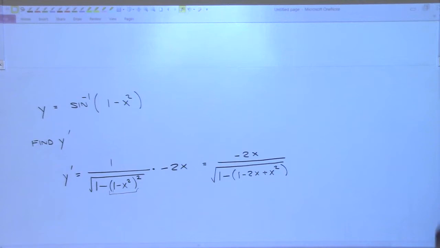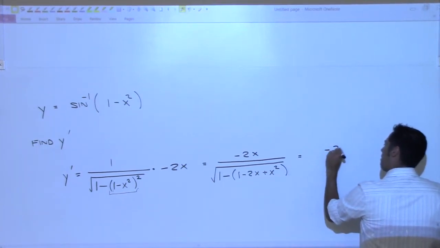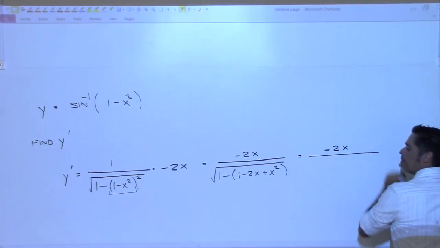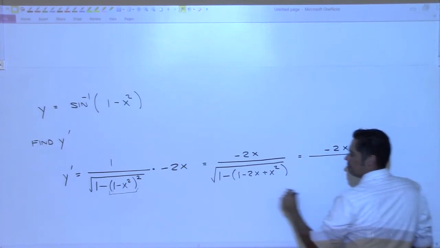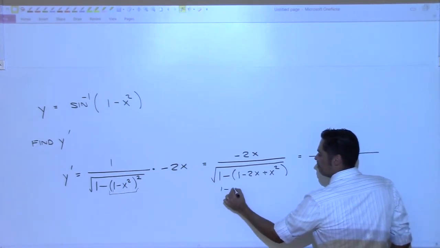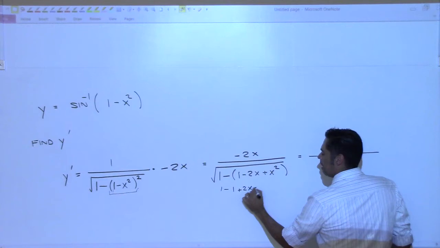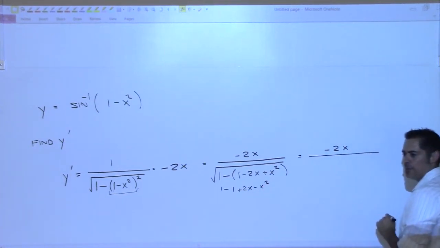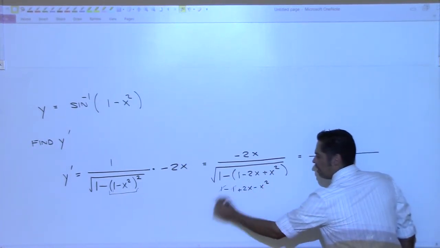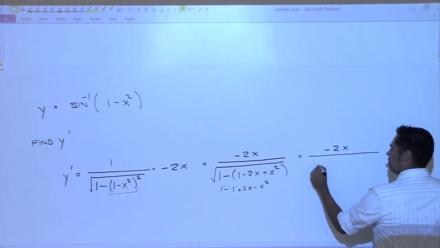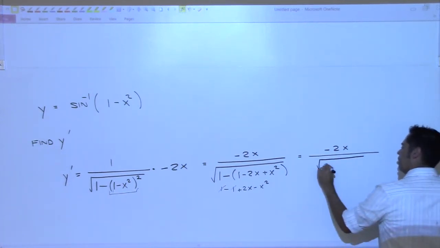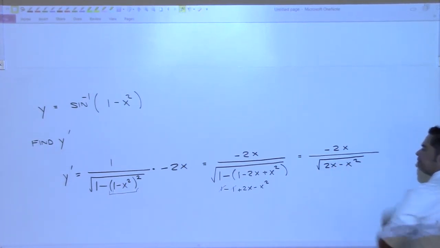Let's go ahead and distribute the minus sign through. It'll be 1 minus 1 plus 2x minus x squared. Then the ones will go away. So all I get on the bottom is square root of 2x minus x squared. Okay, that is the derivative of arcsine of 1 minus x squared.